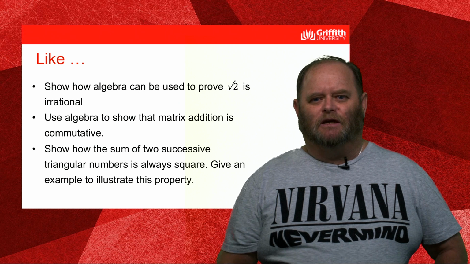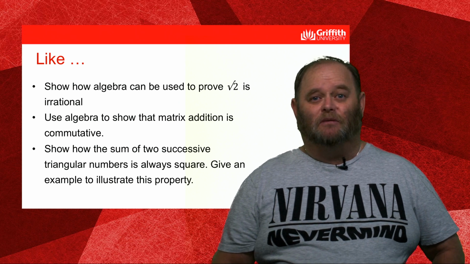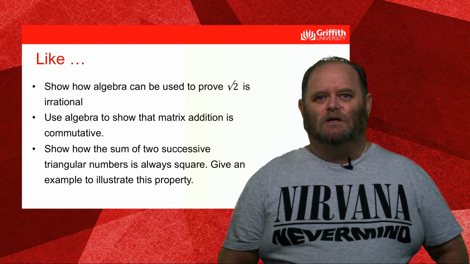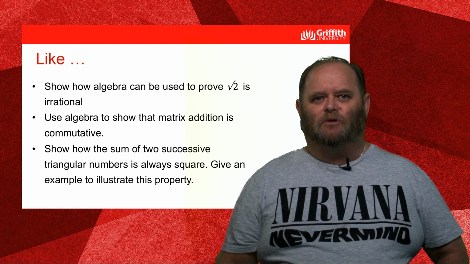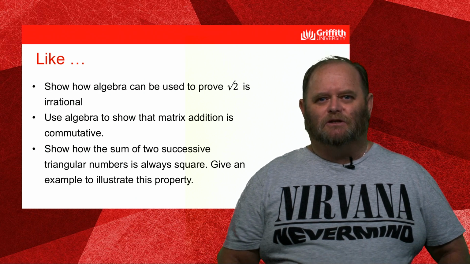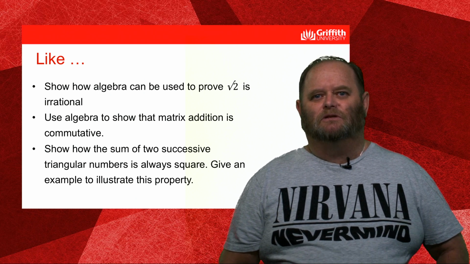So here's a couple of examples of how we might change things. Instead of prove root 2 is irrational, we might ask the students to show algebraically the proof that root 2 is irrational. So just the wording of what we're asking the students to do.